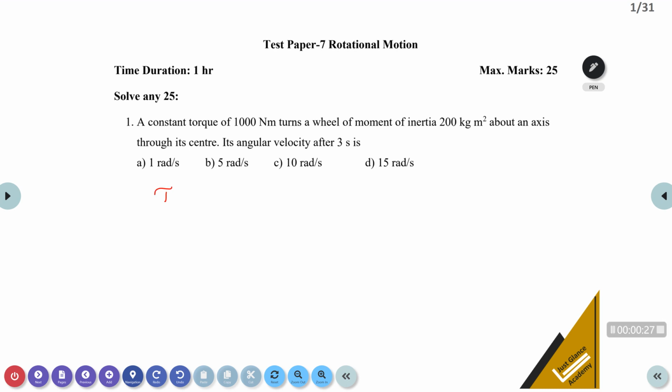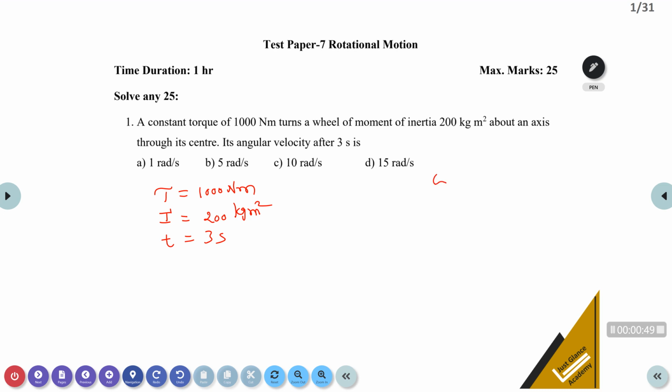Here, what are the given parameters? Torque equal to 1000 Newton meter, and moment of inertia equal to 200 kg meter square. Okay, fine. Find its angular velocity after t equal to 3 seconds.